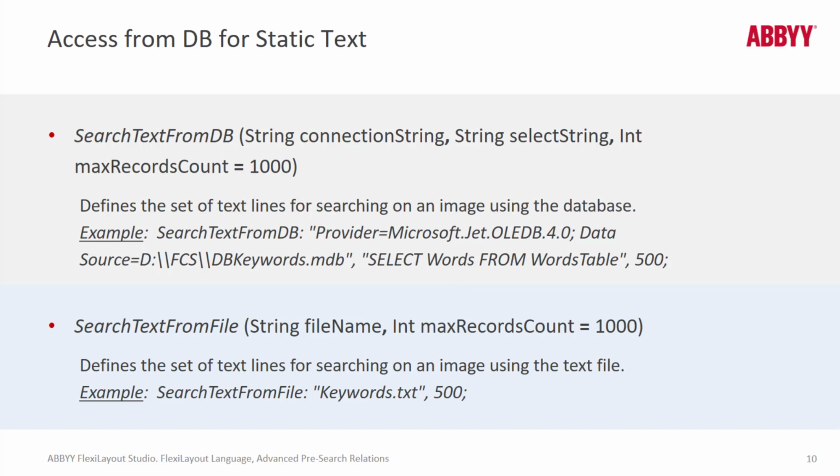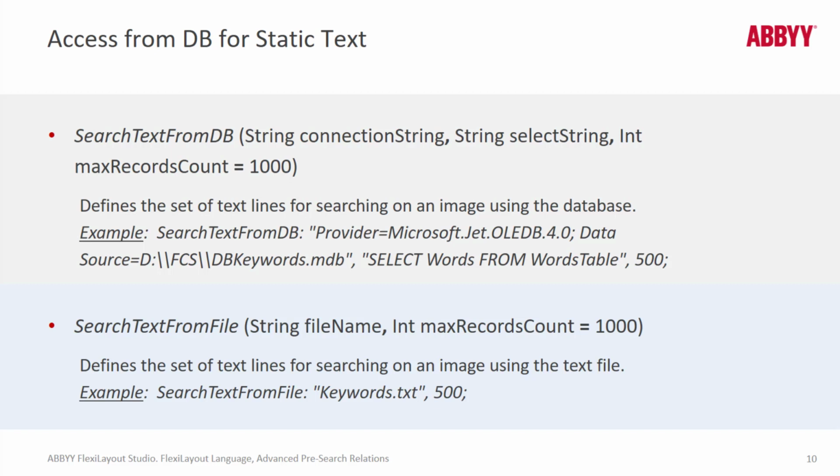So this is a really powerful method and a good approach to take in many cases because you can update the contents of that database in real time without touching FlexiLayout Studio, because one alternative is to use pipe symbols within the FlexiLayout and specify all of your alternatives.